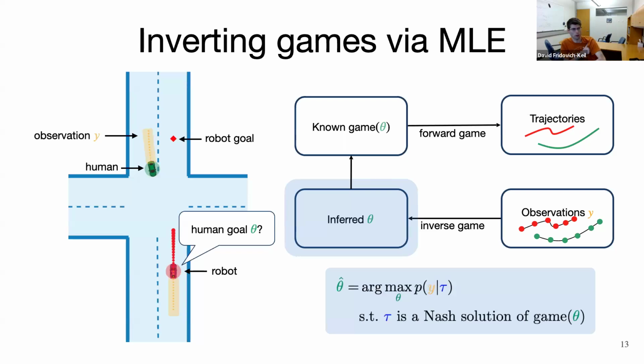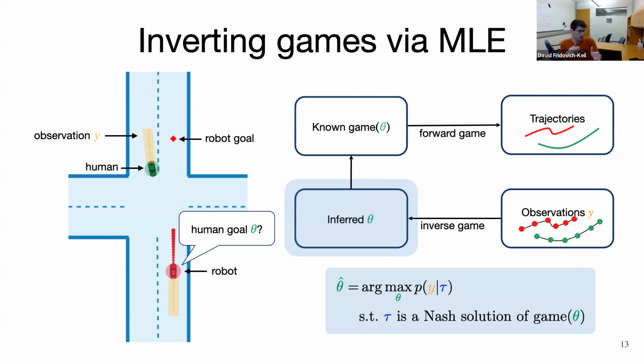I think what Karen was showing you, if I recognized the equations just before I signed on, there was something that looked like this. So the natural thing that we've studied, and several other folks have studied too, is framing this problem in a maximum likelihood sort of way, which is essentially to say, come up with some likelihood model for what sensor you have. That's like p(y | tau).